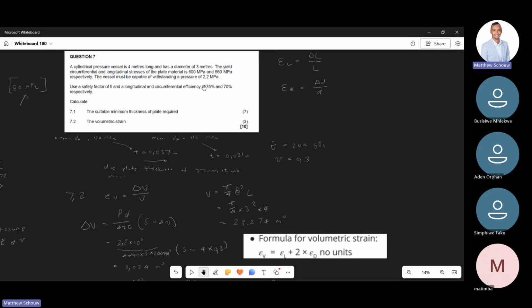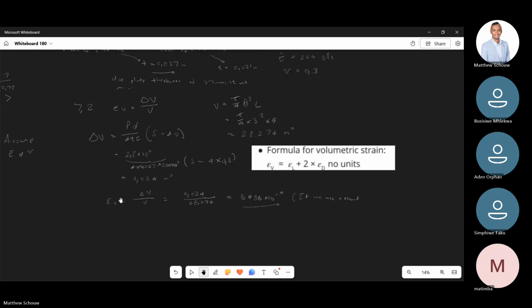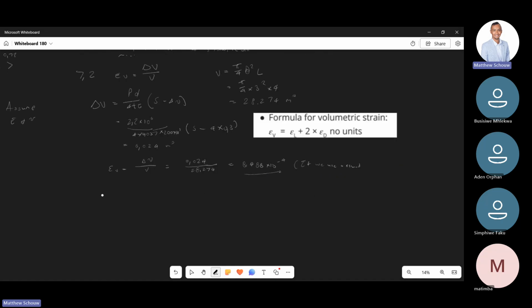It's quite simple. If they don't give you E and Poisson's ratio, we're going to have to work with these ones over here. Your volumetric strain is your longitudinal strain, and then we have two circumferential terms, remember, two circles on the cylinder. So we have to use the formula for this one and the formula for that one, which I'll show you now.